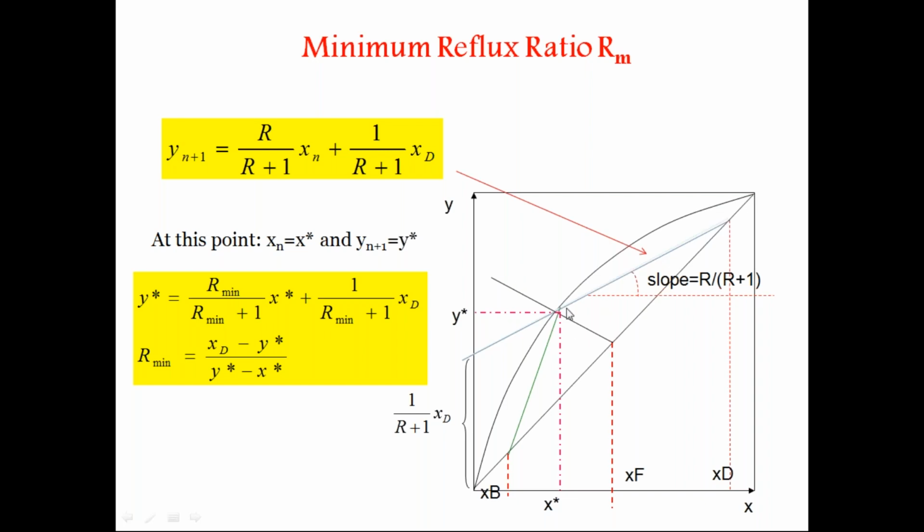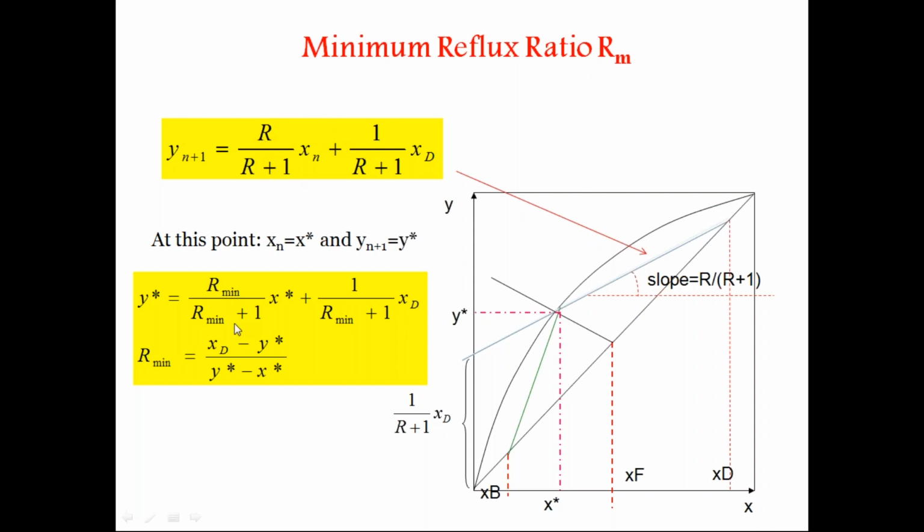For that case, you know how to draw the xD by R plus 1 intercept, or you can also find out this slope. So this R will become R minimum. This xD by R plus 1 is the intercept at minimum reflux ratio. Then the slope will become R minimum by R minimum plus 1. So you know the operating line will have this slope, and this operating line equation is this one.